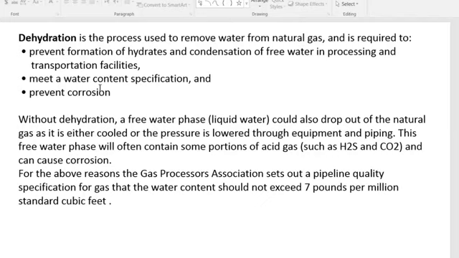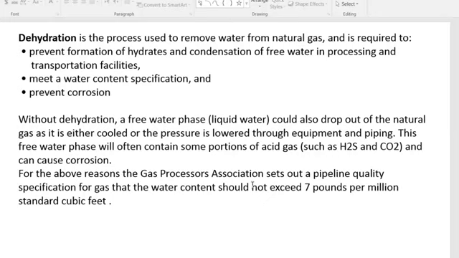Let's see how we can remove the water from the gas. For the above reasons, the gas processors association sets out a pipeline quality specification that the water content should not exceed 7 pounds per million standard cubic feet.